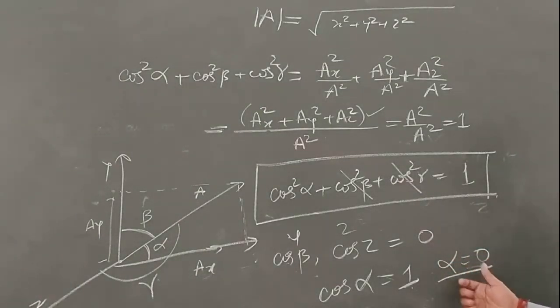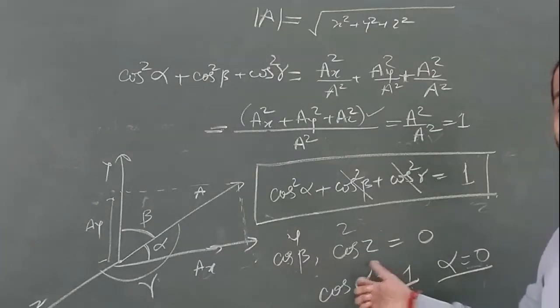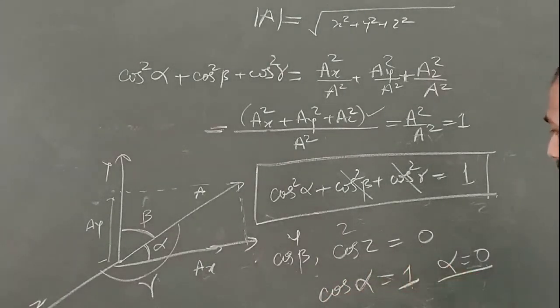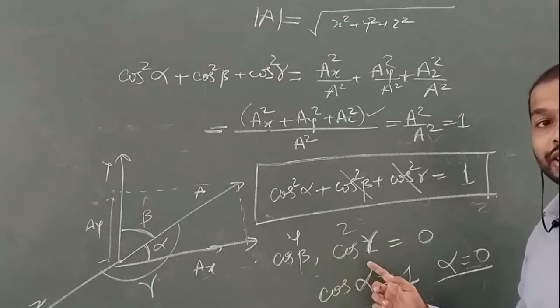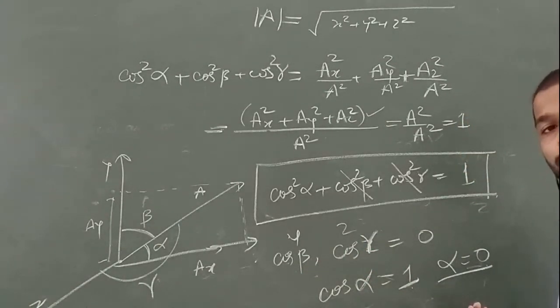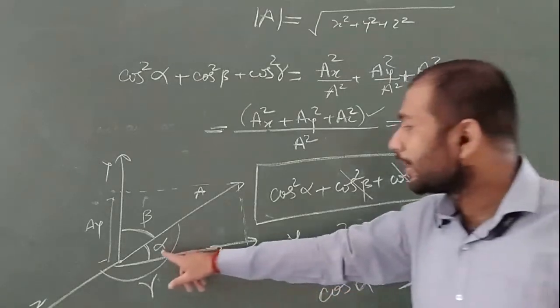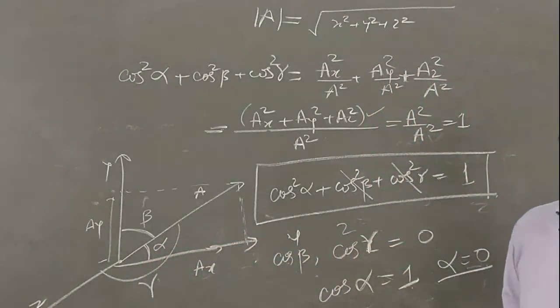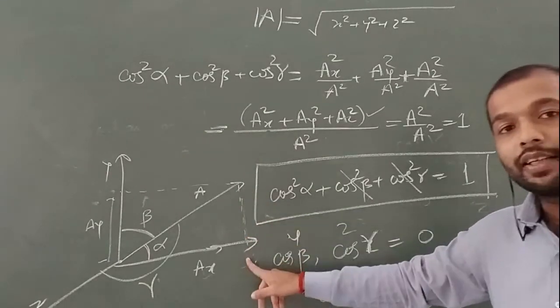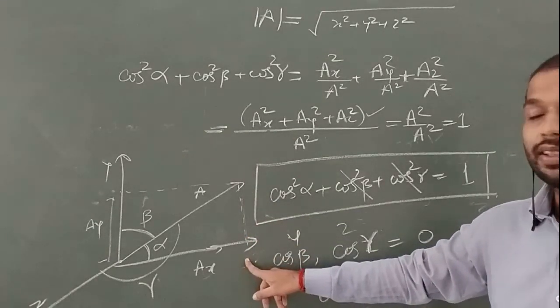So what is the meaning of this statement if I say cos beta and cos gamma, if these two components are 0, then our cos alpha becomes 1. That means this alpha becomes 0, that is parallel to the x-axis. So you will say your vector is parallel to the x-axis. Alright.